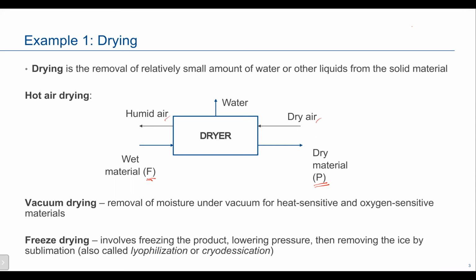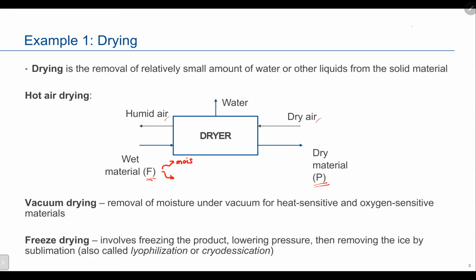Now, yung solids, okay, doon sa loob ng wet material natin, okay, nahati siya, or the components rather of the wet material are the following. So we have number one, of course, yung moisture.